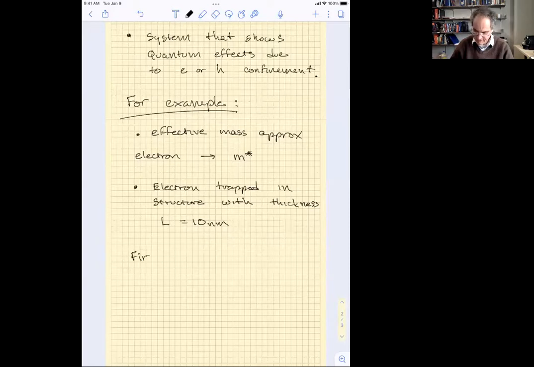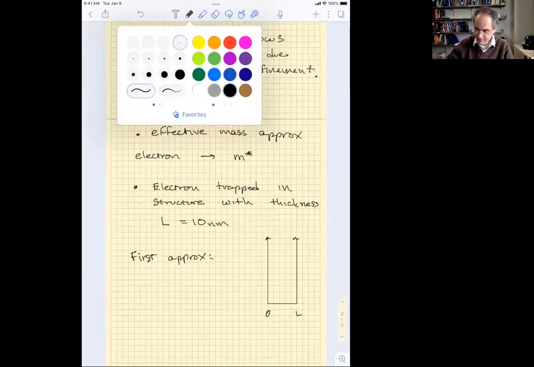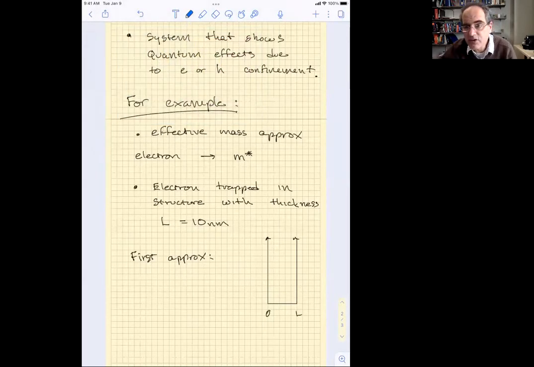To a first approximation, we might think of this confining structure as being like an infinite well. The electron is confined in the structure. Then we would expect to see effects due to quantization.